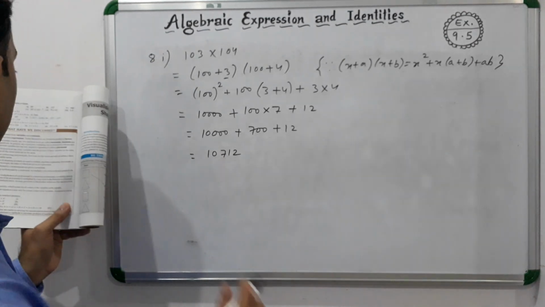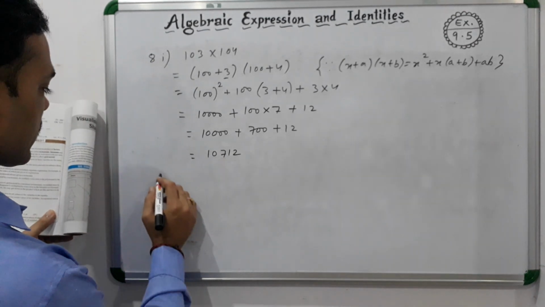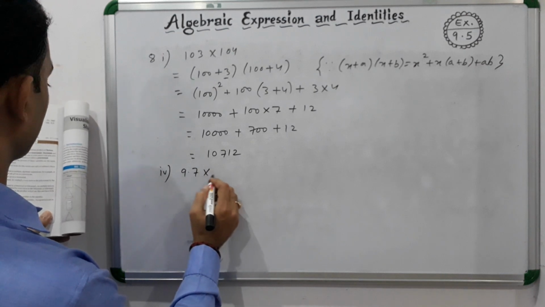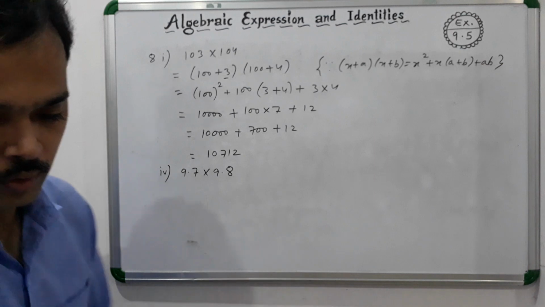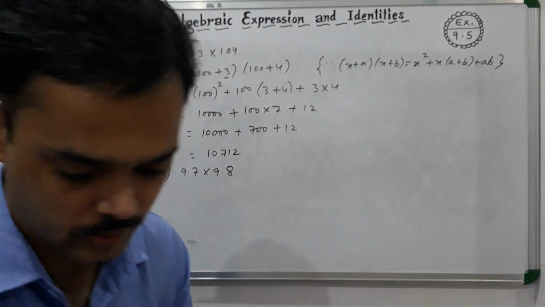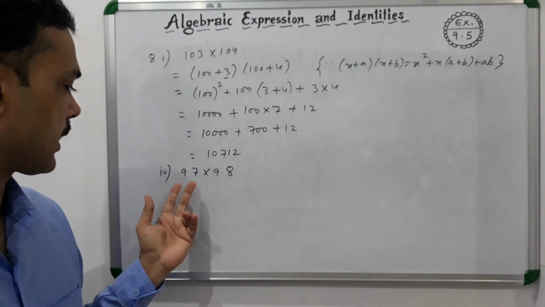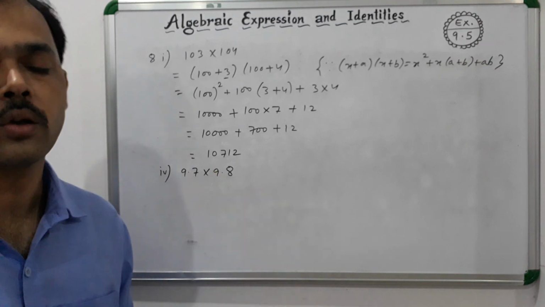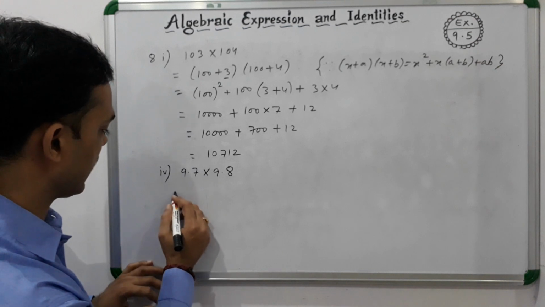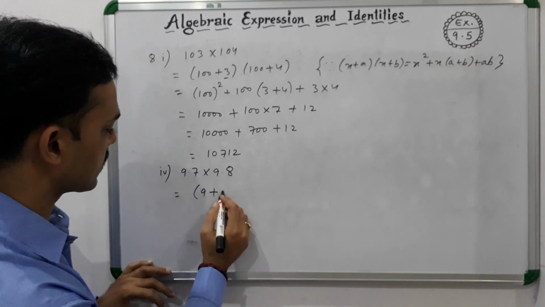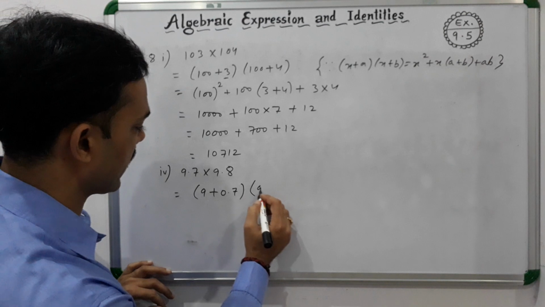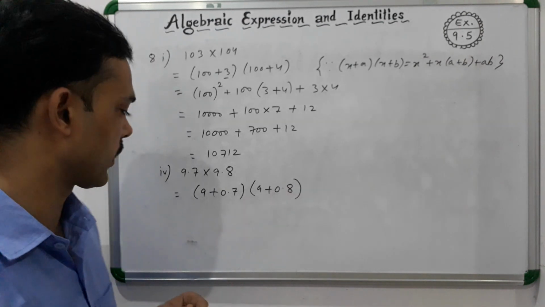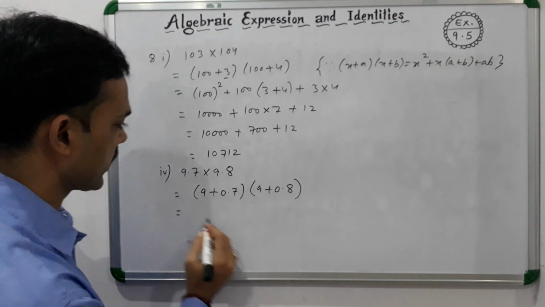After this first part, now let us do the fourth part. It is 9.7 into 9.8. You can do it as 10 minus 0.3 and 10 minus 0.2. Or you can also do it as 9 plus 0.7 into 9 plus 0.8. Because people find addition very convenient, you can also mention it in this manner.